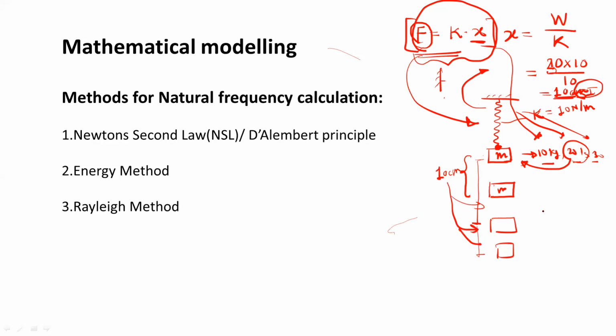You take one spring with the given constant, connect weights one by one, then measure. All this procedure takes time. But if you have this equation, just by a single equation, you can perform all the experiments virtually. So this is the use or significance of mathematical modeling.